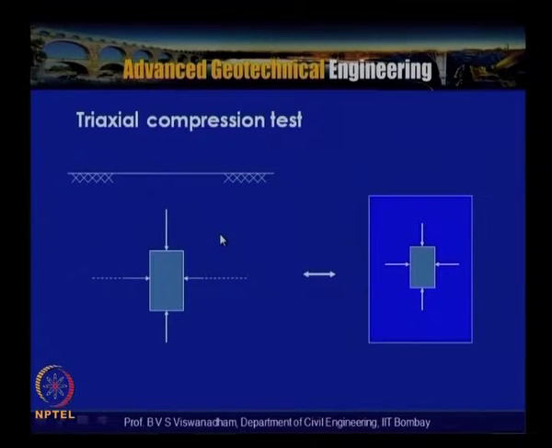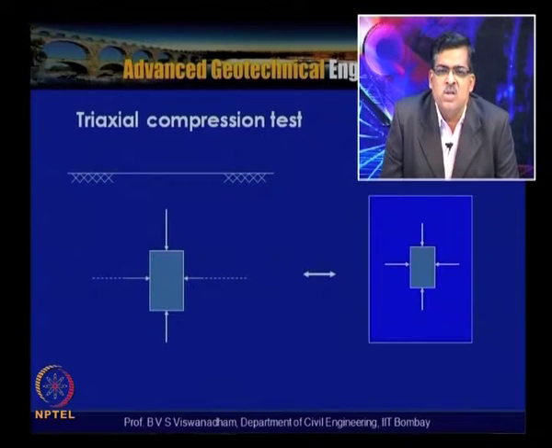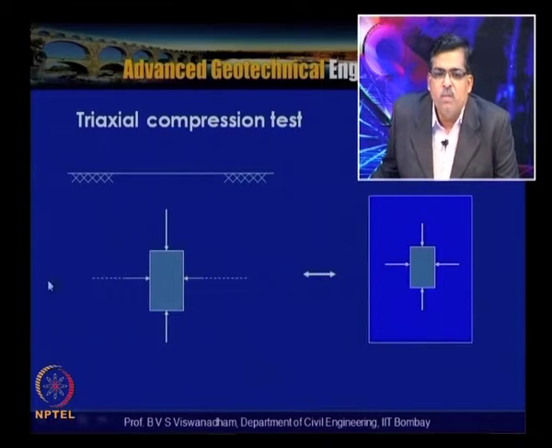For normally consolidated soils, k, the coefficient of earth pressure at rest, is about 0.5, so sigma h is equal to 0.5 times sigma v. Moreover, the sample at a particular level is subjected to an increase in loading.